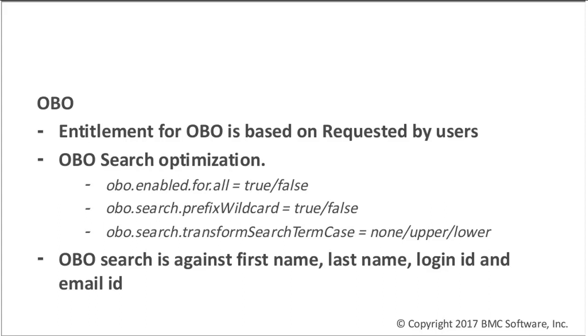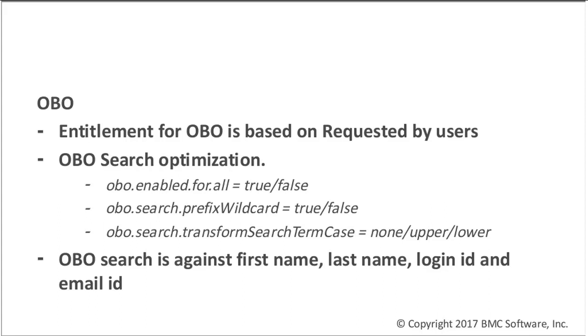We also have a few configurations for search optimization of on behalf of functionality. The first one is OBO.enable for all. All these properties or configurations are part of the SRM provider. We have seen that different organizations have different rules for OBO.